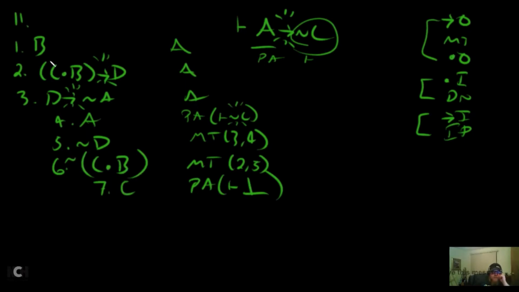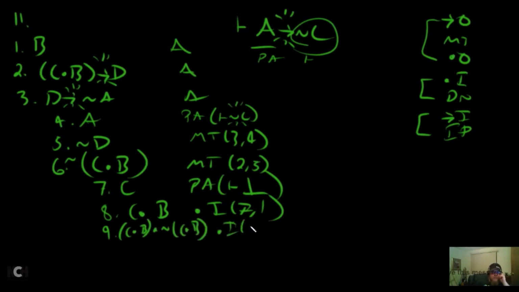I've got C, I've got B. So watch this, line 8. C dot B, and in 7 and 1. And now line 8 is the contrary of line 6. I'm just going to slap these together, watch this. C dot B, and the exact same thing with a not in front of it. And in line 8 and line 6. I did it already.